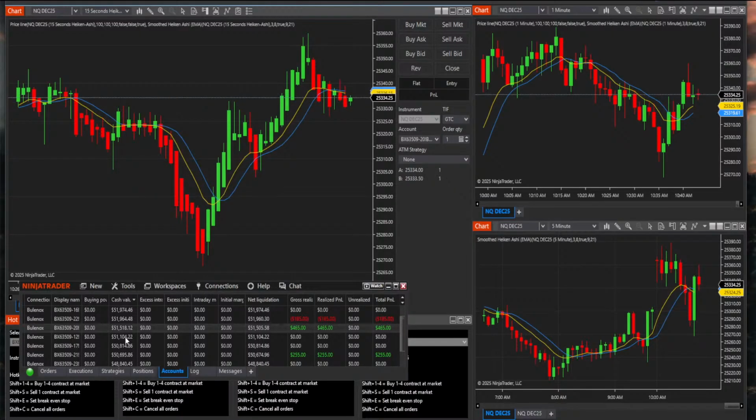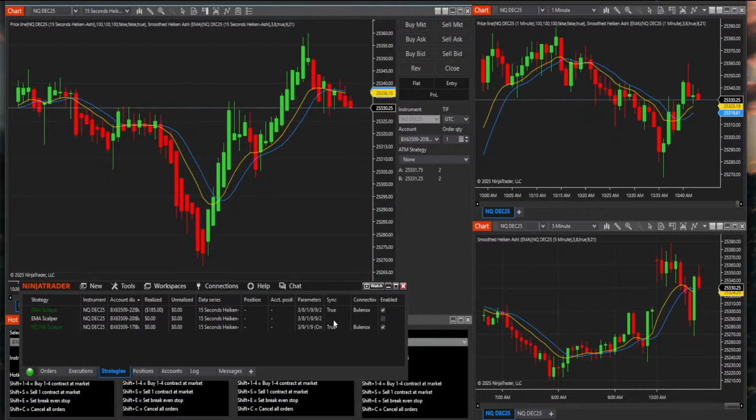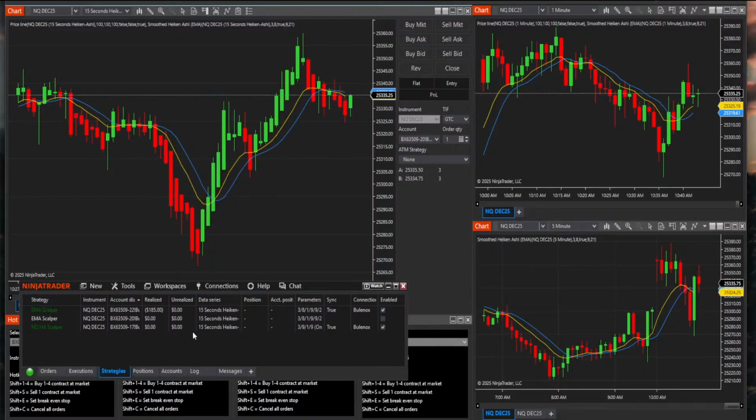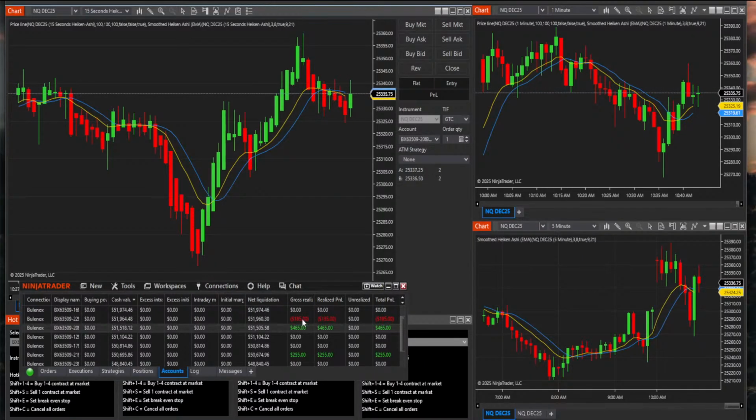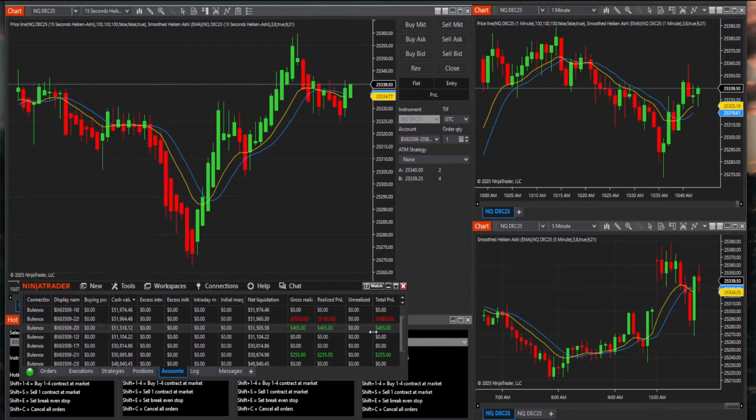It went long, and then I noticed right here, it got out of sync. That's why I switched over to the chart right here to manually trade it. So I had to manage it. And then I ended up with a $465 winner because it took a stop out and then blah, blah, blah. I mean, it's a good day.